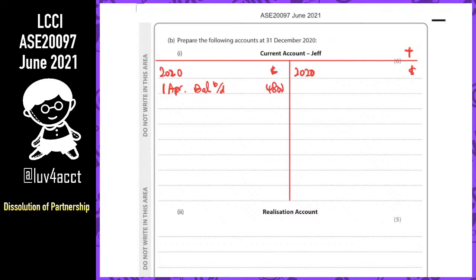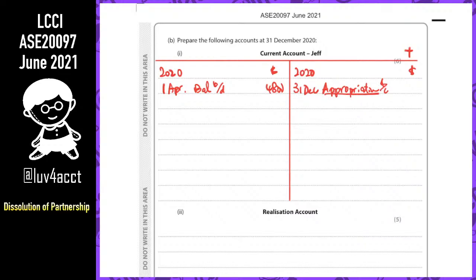Negative. And then you have to have the appropriations on the 31st of December before dissolution. So 31st December, you have appropriations. You can write statement of profit and loss account appropriations or appropriations account only.